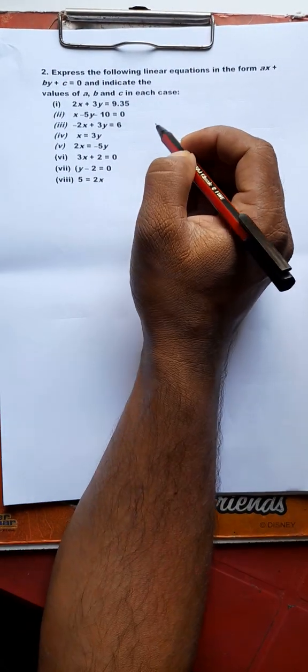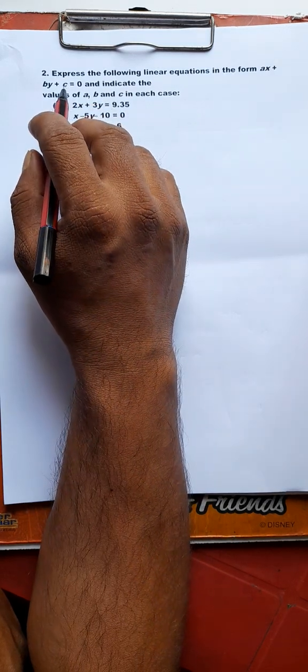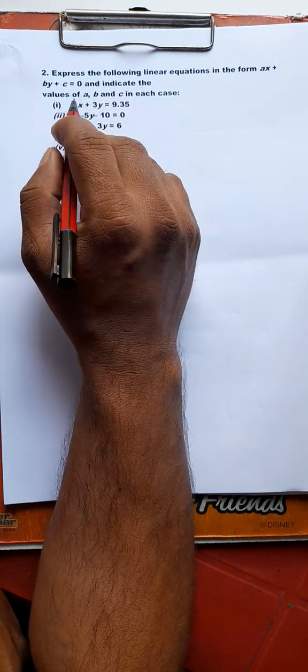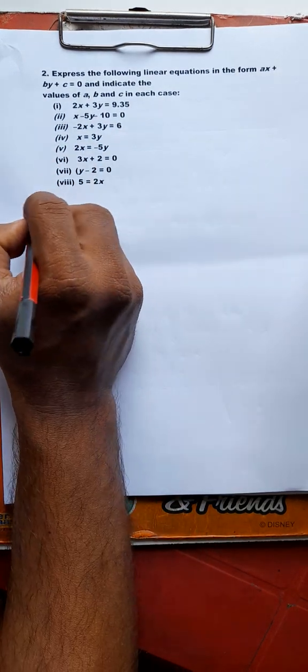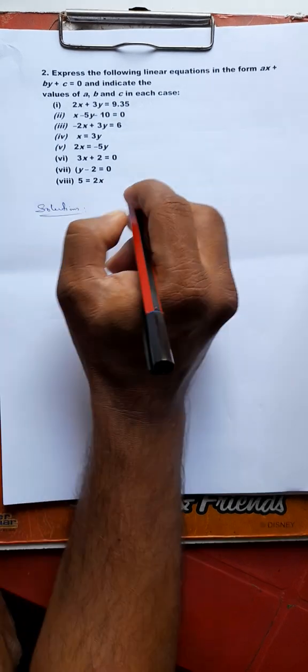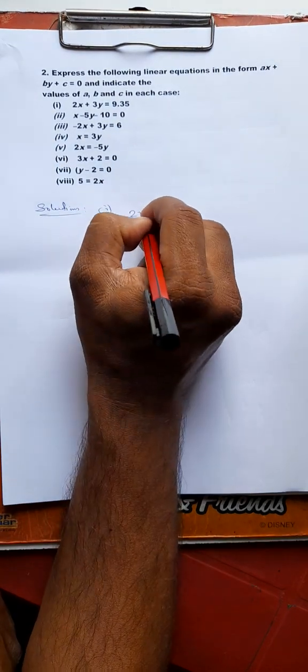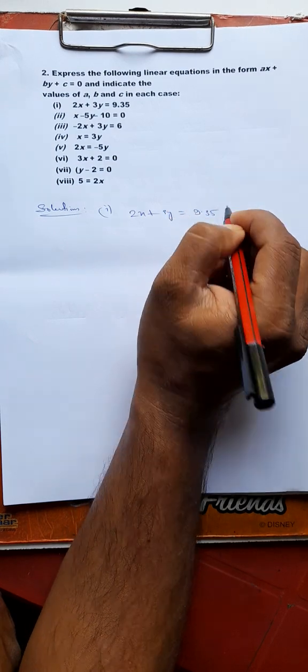Now let's do one more exercise. Express the following linear equations in the form ax plus by plus c equal to 0 and indicate values of a, b and c in each case. Solutions. Now first question is 2x plus 3y equal to 9.35.